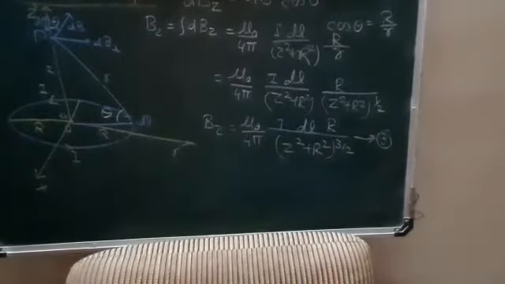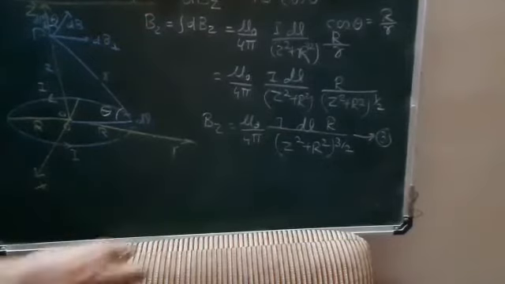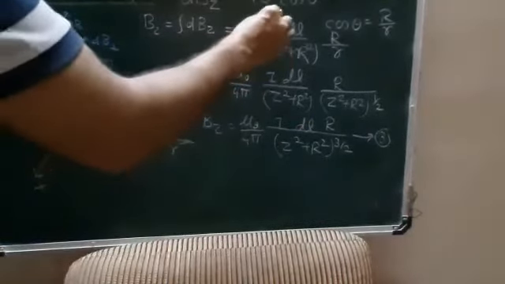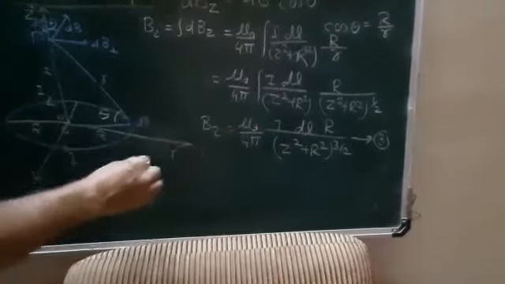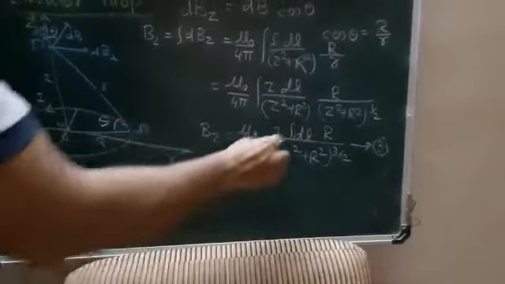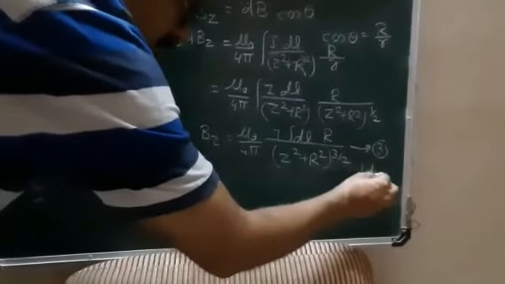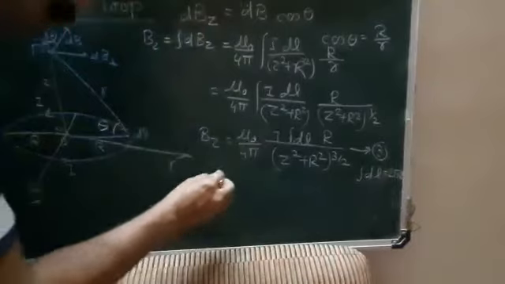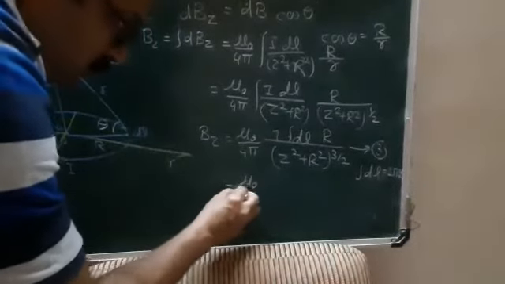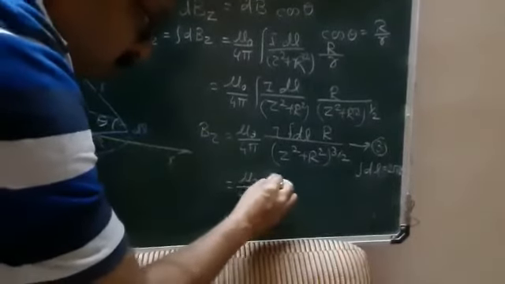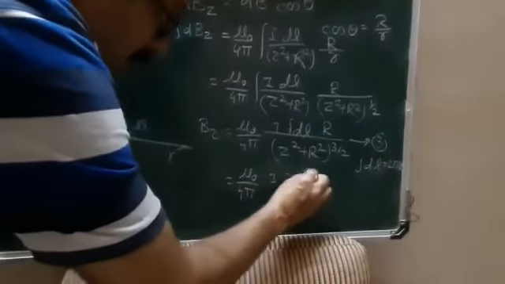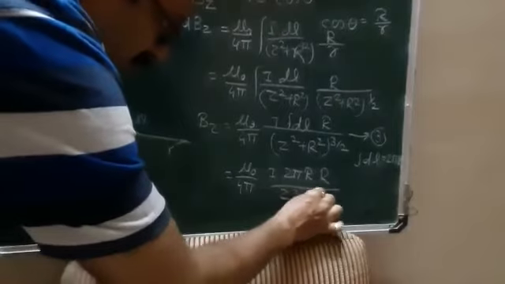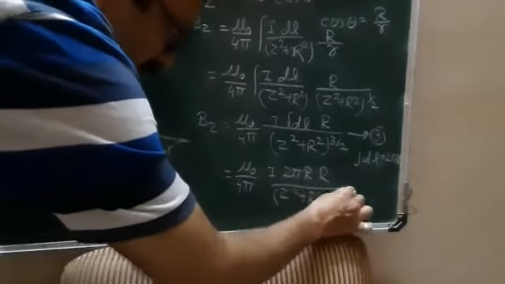Now this is the magnetic field of induction. According to this, we take integration on both sides, and the integration of dl is equal to 2 pi R. The value will be equal to mu 0 upon 4 pi, I into 2 pi R into R divided by z square plus R square raised to 3/2.